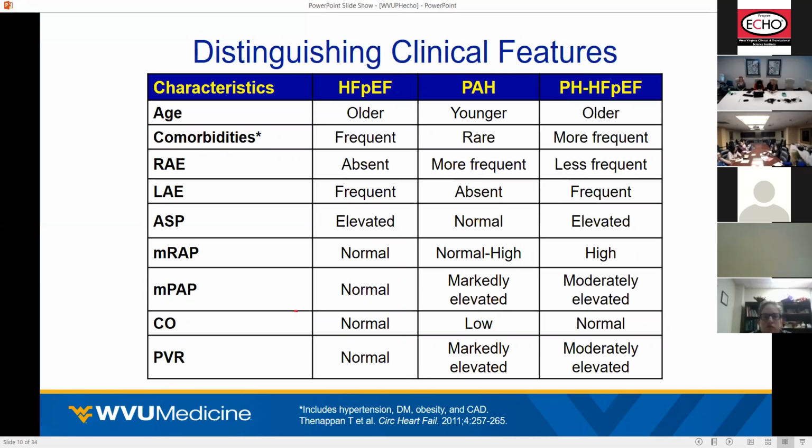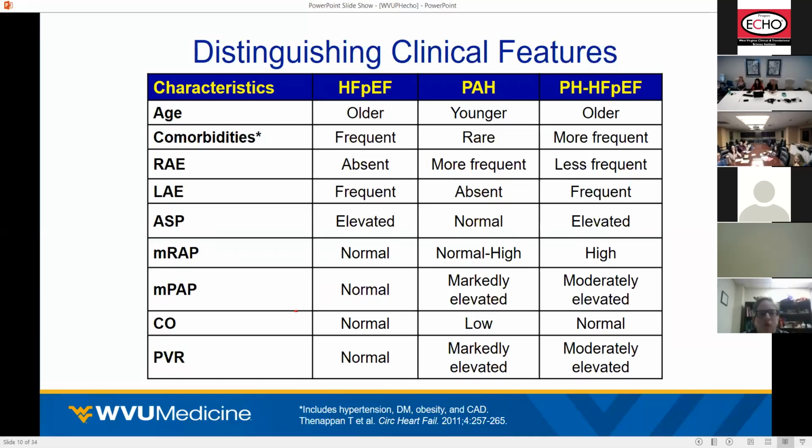So when you look at these, this is kind of a summary slide of some of the hemodynamic data that you see. Really, HFpEFers don't have much pulmonary hypertension. It's just diastolic dysfunction. But PAH have markedly elevated mean PA pressures, can have elevated RA pressures. So if you look, the PAH and PH HFpEF could be similar, but the big things are their age. PH HFpEFers tend to be older, and to have more frequent comorbidities.